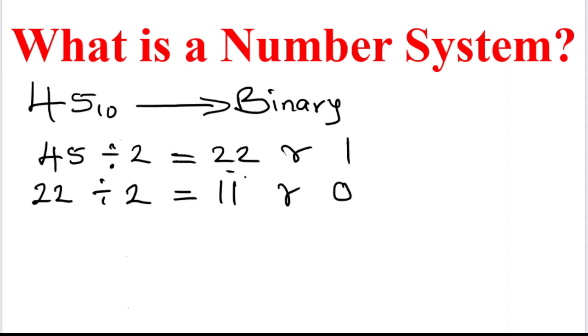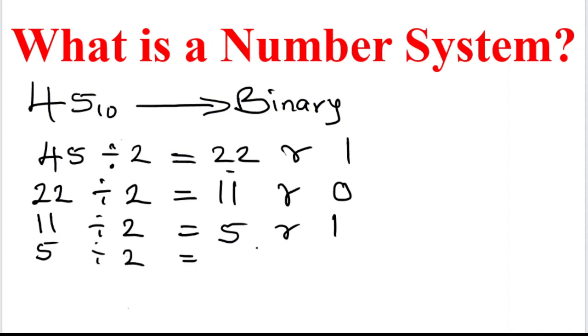Okay, so I'll still use 11 again, divided by 2, and I'll get 5 remainder 1, okay? So I'll still use 5 to divide it by 2. This will give me 2 remainder 1, okay?